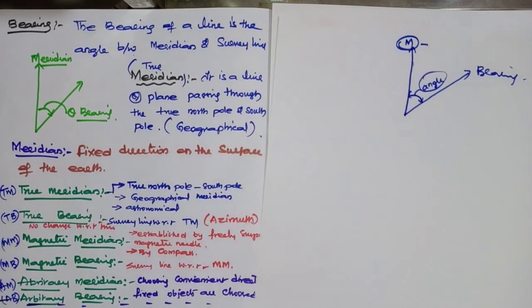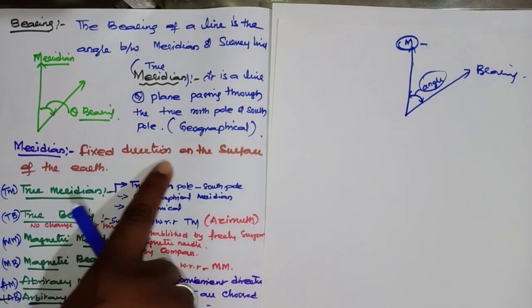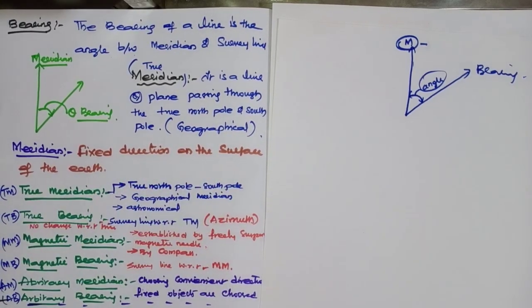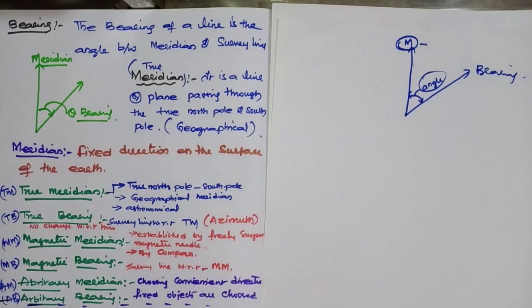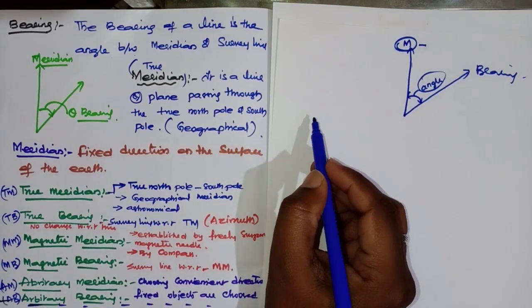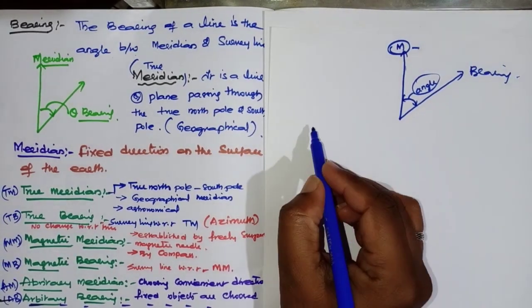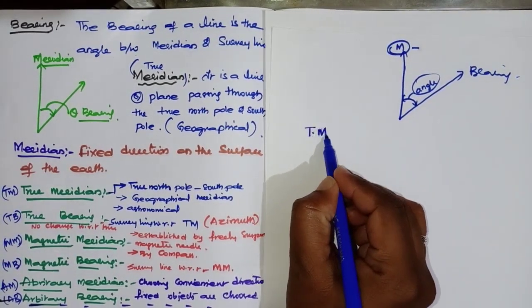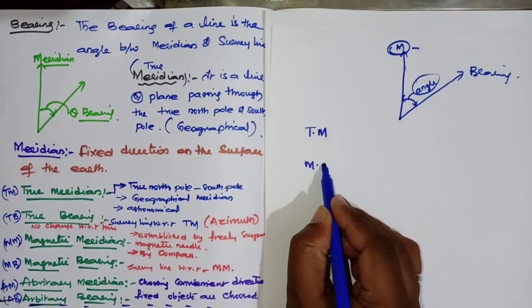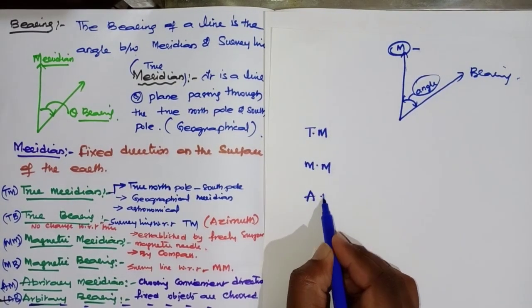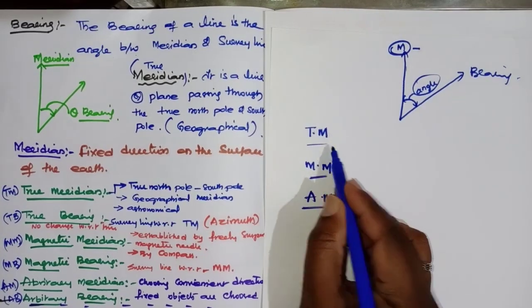Okay, next, what do you mean by meridian? The meridian is a fixed direction on the surface of the earth. Now there are different types of meridians: true meridian, magnetic meridian and arbitrary meridian. These are the three types.